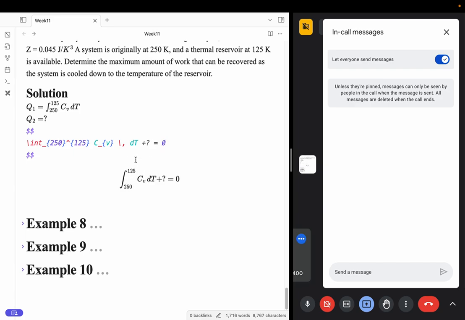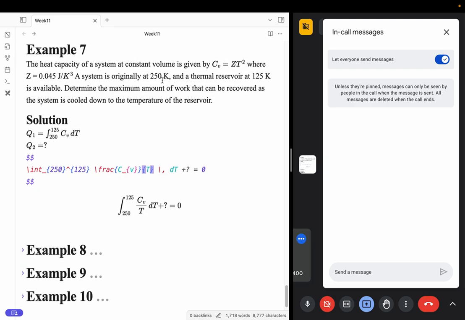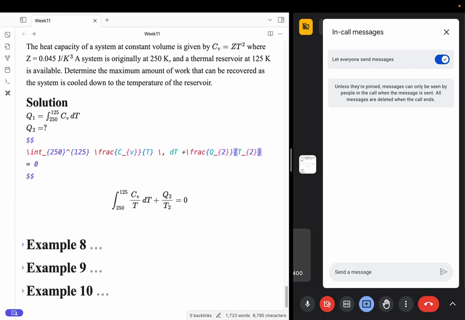So this is clear. Okay, I think there needs to be a T over. So the total entropy should be 0. So integral Cv by T dT, this is for the hot one, or basically the hot, it's not a reservoir, it's the system or the source. Now for the sink, how do I write the entropy change for the sink? It should be Q2 by T2. There is no integral because the temperature is constant. Now how do I calculate Q2? So what other equation do I have?